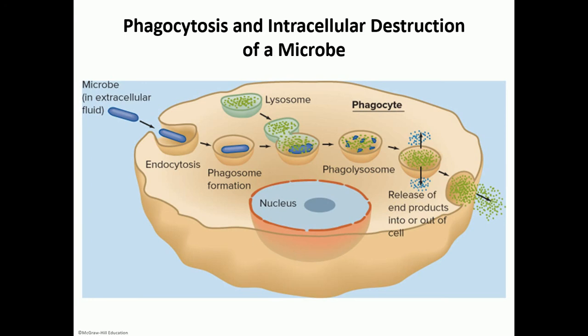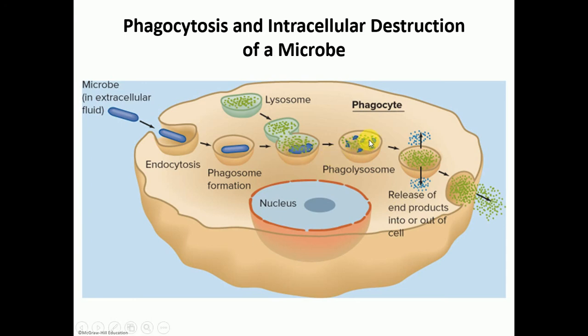So let's talk about the process. This is one of the phagocytic cells, and that is the microbe that is going to be engulfed through endocytosis. You'll make a phagosome, where soma means body and phago means what has been eaten. Inside those cells there are lysosomes, full of digestive enzymes and hydrogen peroxide, and they are going to literally kill and digest that bacteria or microbe.